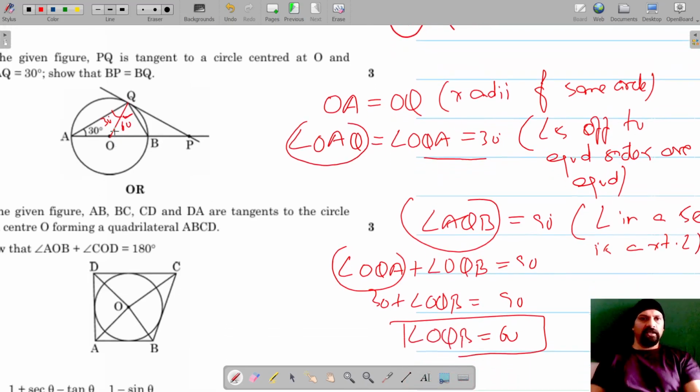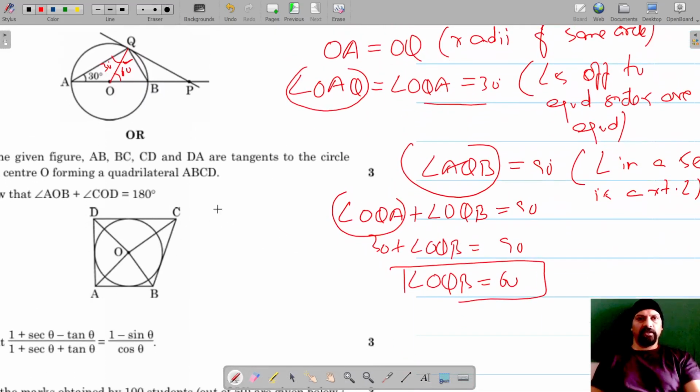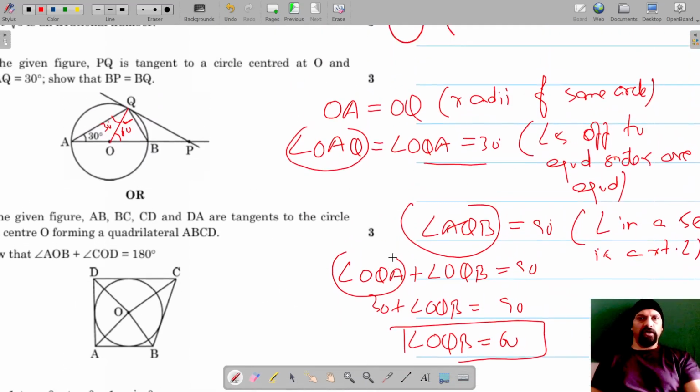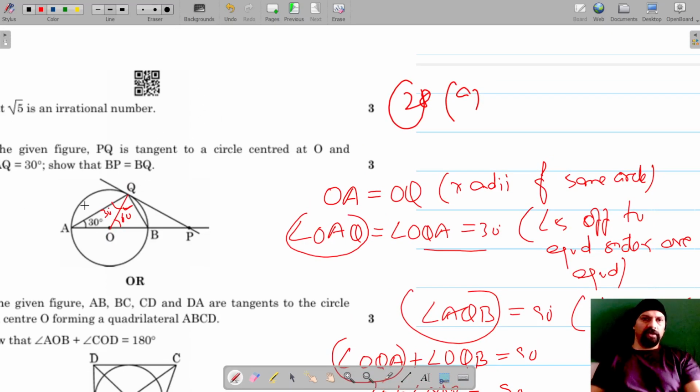And because this was 90, this angle is 60 degrees. Now, this angle is the exterior angle for the triangle AOQ. So for triangle AOQ, angle BOQ is equal to angle OAQ plus angle OQA.